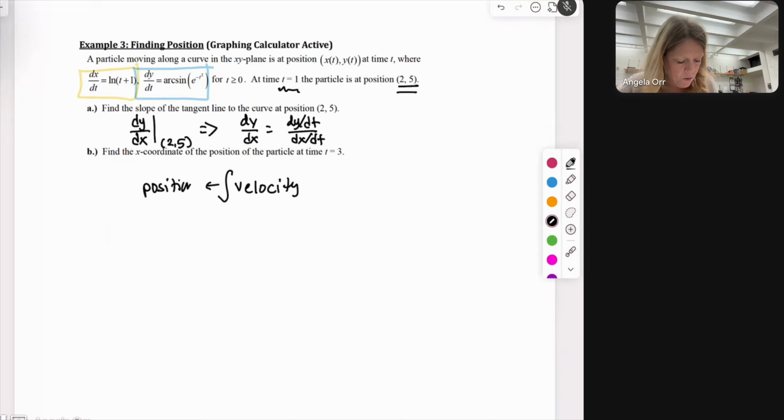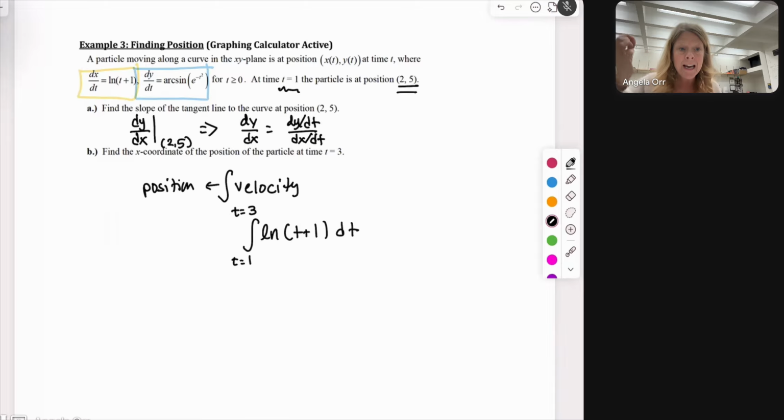If I take the antiderivative of velocity, I get position, and that's true whether I'm dealing with parametrics or not. So I take the integral of ln of t plus 1 dt from time equals 1 to time equals 3.